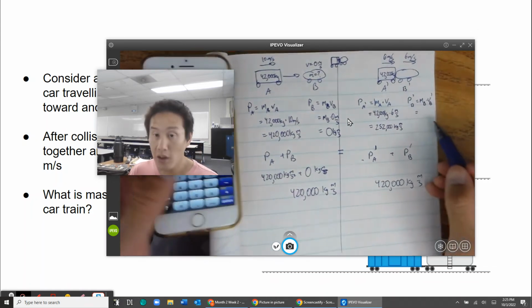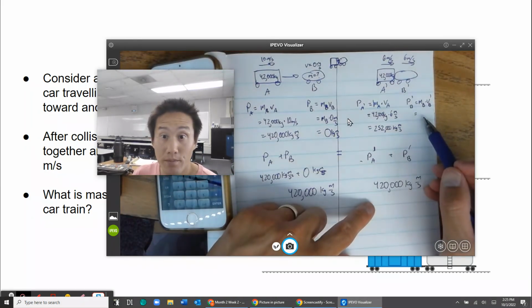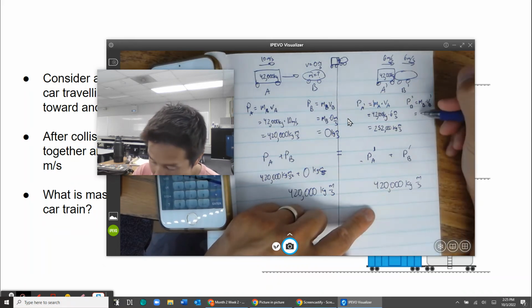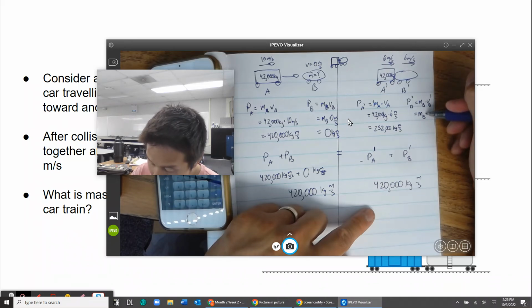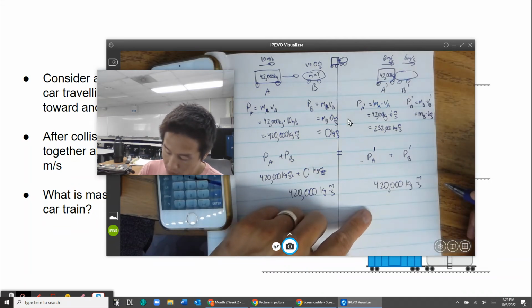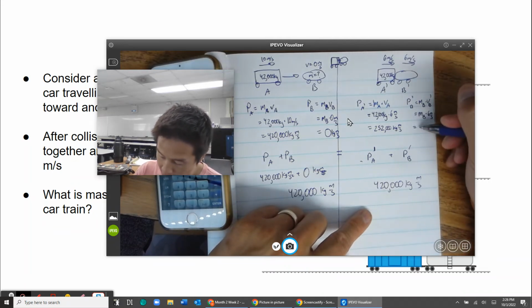Over here, however, we don't know it. The mass is still unknown, but we do know the velocity. The velocity is now 6 meters per second. So the total thing is MB. You can't get any simpler than that.